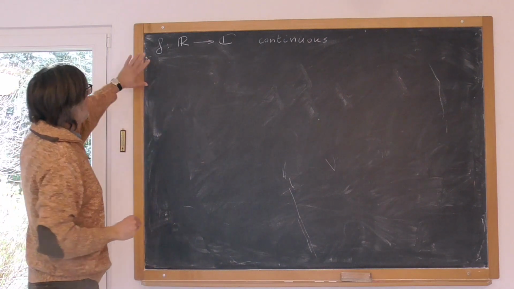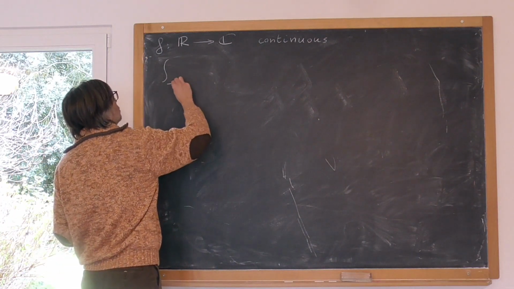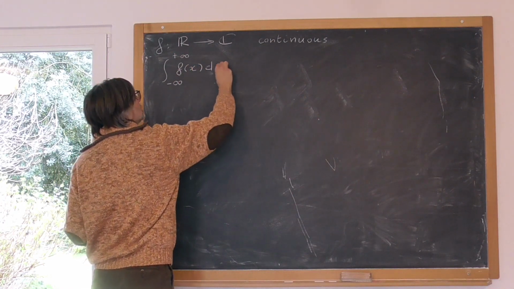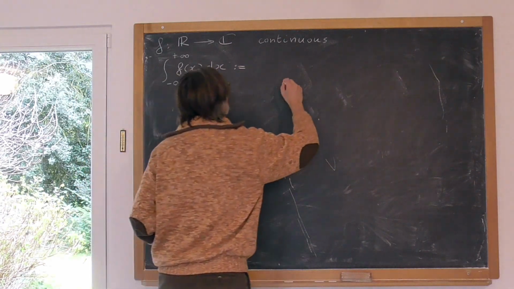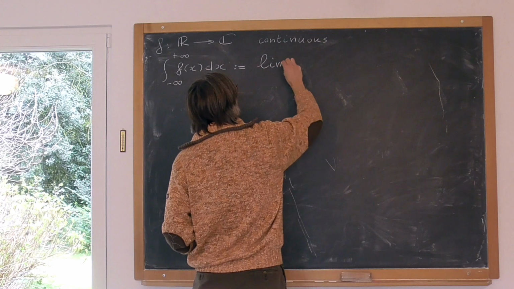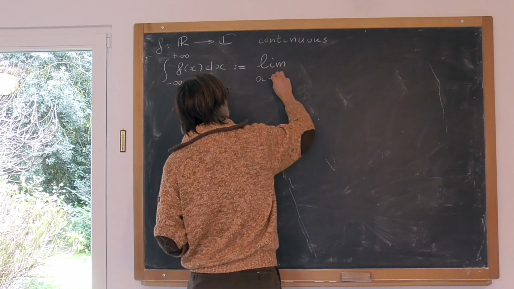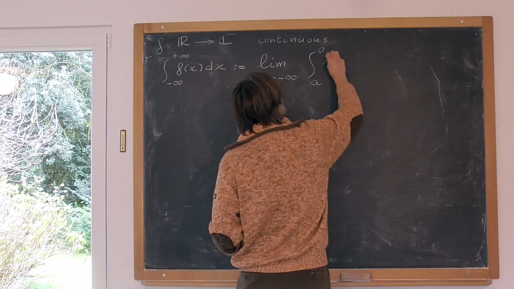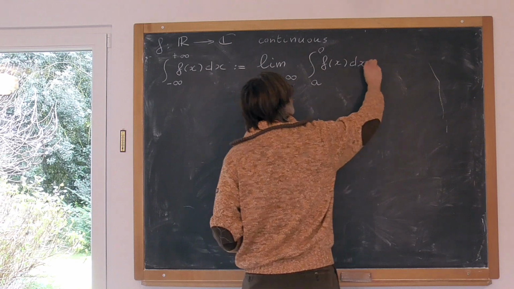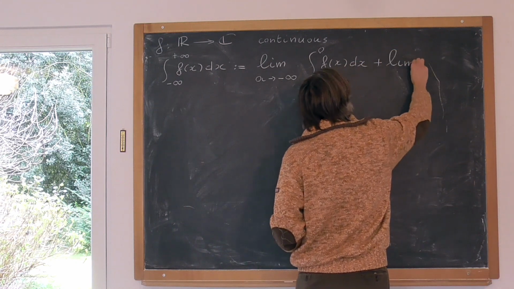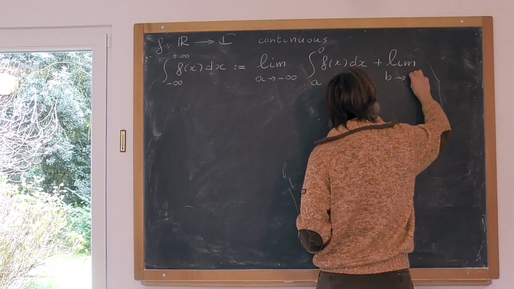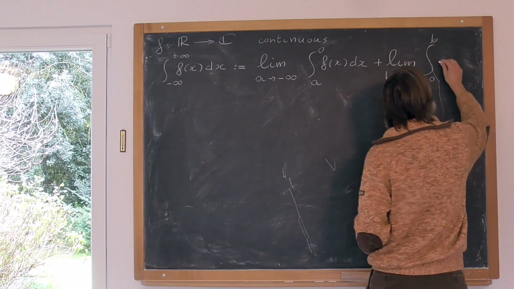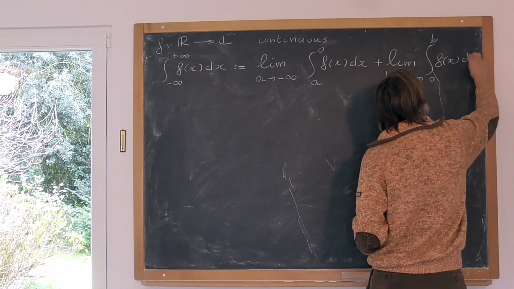Then the improper integral, the integral from minus infinity to plus infinity of f(x) dx, is defined to be the limit for a going to minus infinity of the integral from a to 0 of f(x) dx, plus the limit for b going to plus infinity of the integral between 0 and b of f(x) dx.